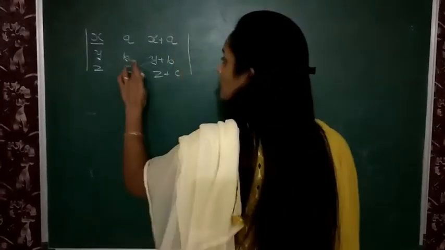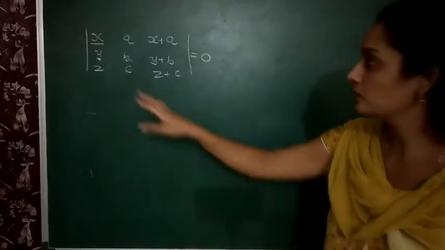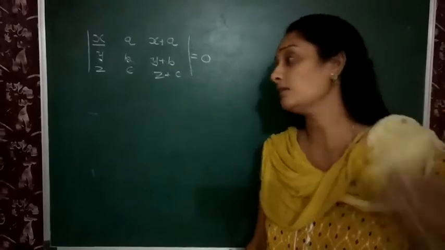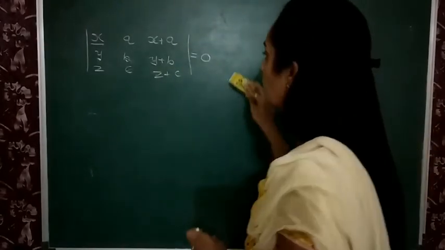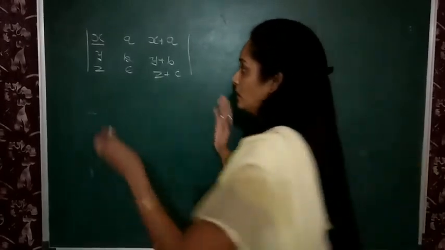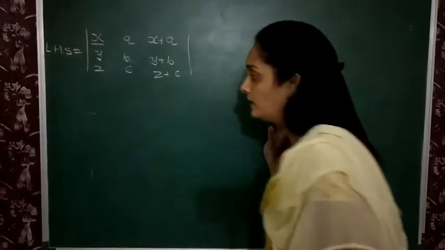But now we have to prove the value of this determinant is 0 without expanding, that means using the properties of determinants. So we can take this determinant as the left hand side.